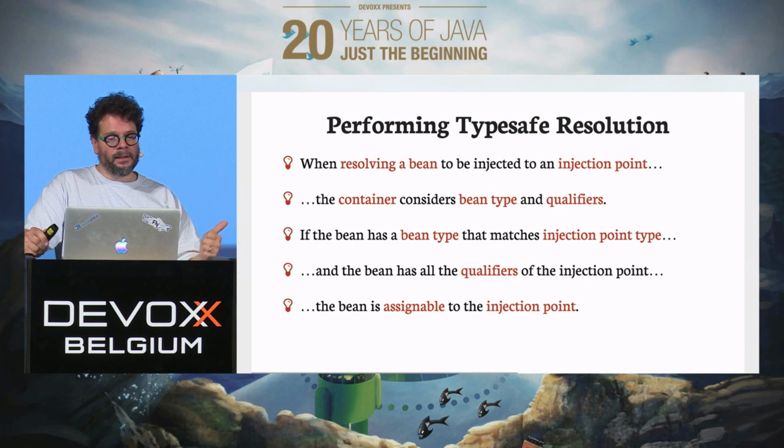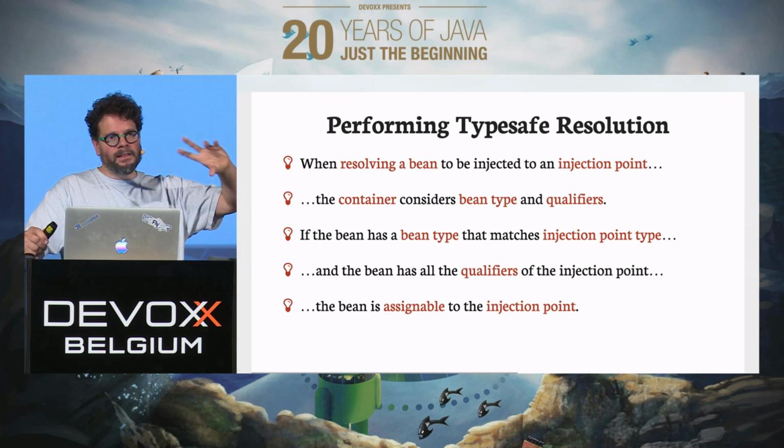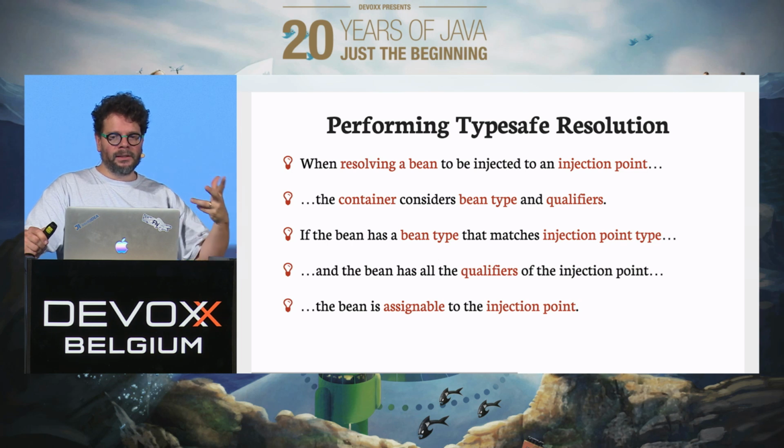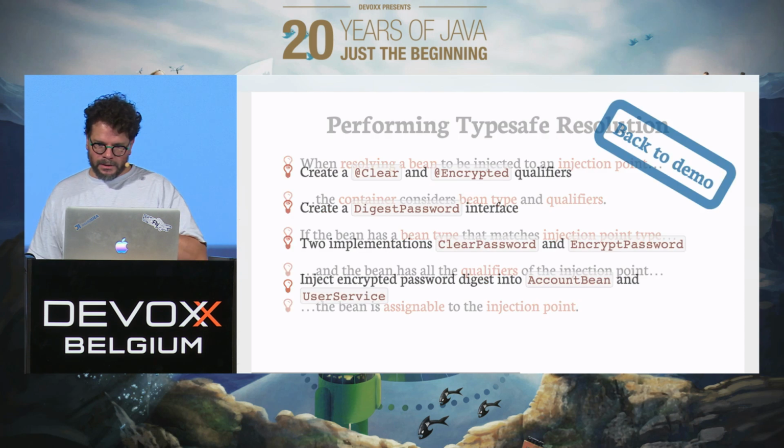If there is a bean that has a bean type in its set that matches the injection point type, and the bean has all the qualifiers that are on the injection point, then this bean will be assignable to the injection point. So it's the basic mechanism of type-safe resolution built into CDI. But enough with theory. Let's go back to practice.